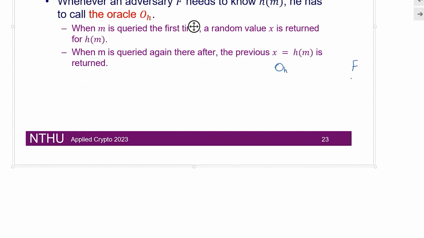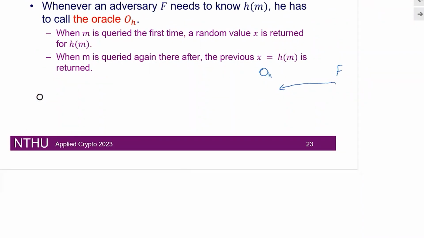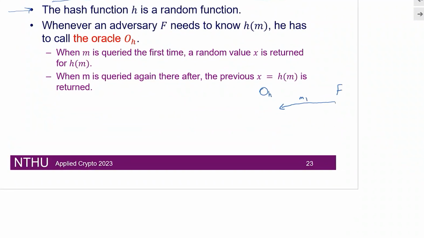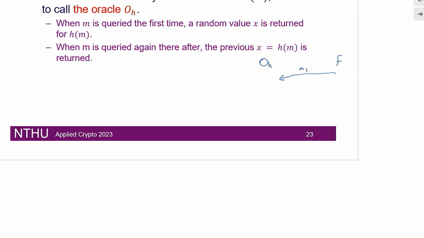The attacker would send a message to the oracle, saying, hey, what is the hash of this M1? We know that the oracle in the background will go and generate the table, then toss a coin n times, and then compute the hash of M1. Then it would return the output for this M1.